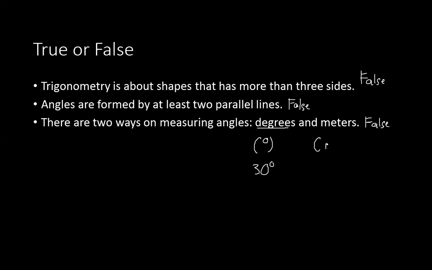Then we have another one, which is rad or radians. So for example, in given quadrantal angles, let's say we have 2 pi radians. So you see, degrees and radians. So the answer is false because we have degrees and meters, which is wrong.